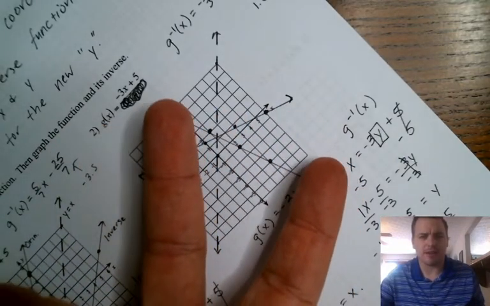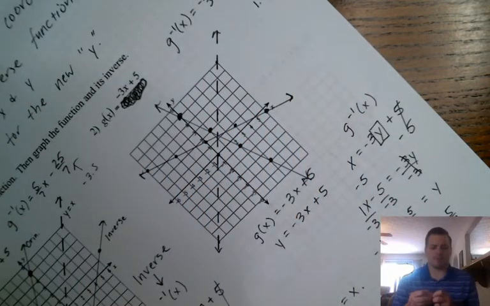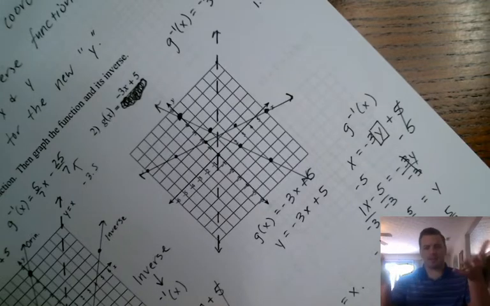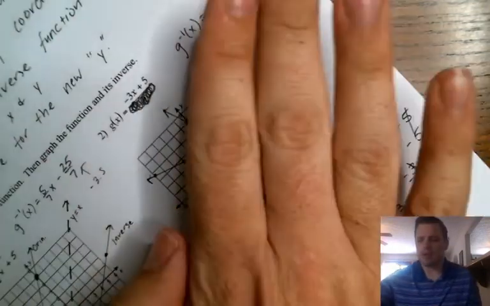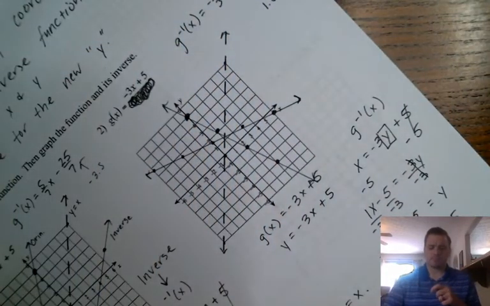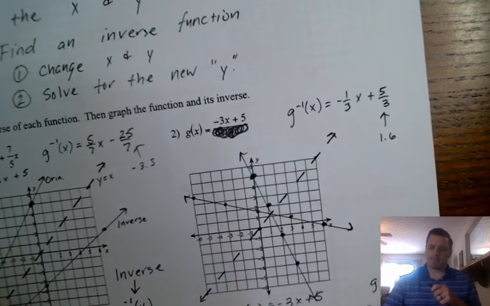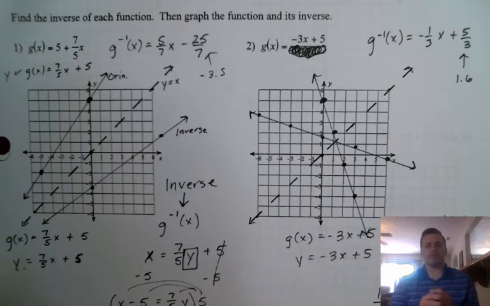So it's a true reflection, like when you look at your reflection in the mirror, it looks the same on both sides. So what you need to know about inverses is that they just switch the x and y, and then you have the inverse function.